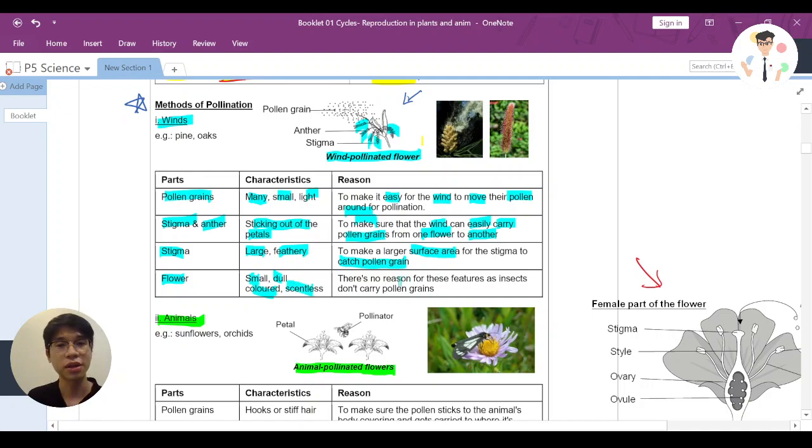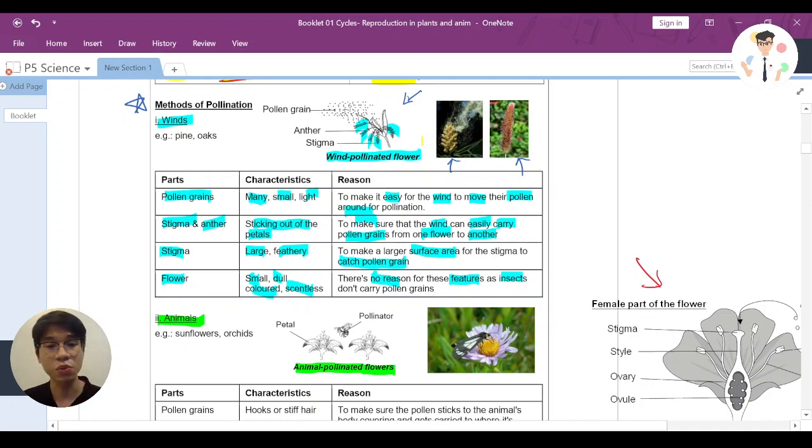Why? Because they don't need to be nice to attract pollinators like animals, because it's used by wind. So there's no reason for these features. Insects are not involved here, it's only wind. As you can see in some of the pictures, these are some examples of flowers that go through wind pollination.